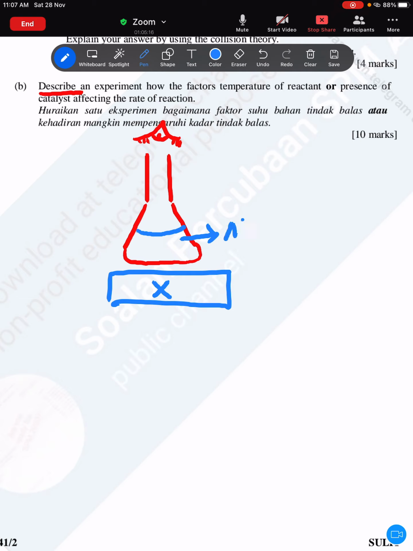You have sodium thiosulfate, okay, and you will put it with hydrochloric acid. So, from the diagram, you come out with the equation.